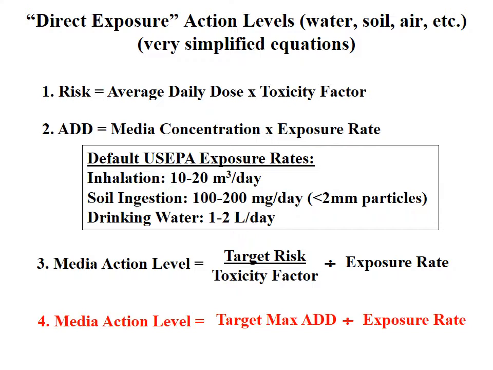Now the target risk and toxicity factor essentially represent the target maximum average daily dose, where all the toxicologists would agree that this doesn't pose a potential health risk, called a no observed effects level. So your media action level, or your soil action level, your water action level, your air action level, is this target maximum average daily dose divided by your exposure rate.